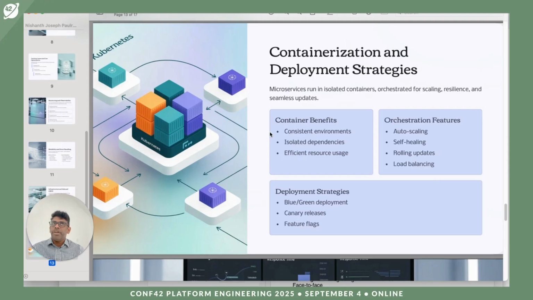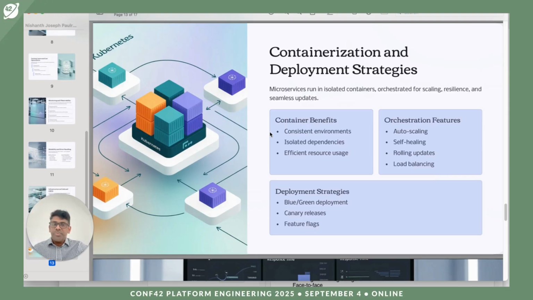Containerization and deployment strategies. So when we talk about the run environment of any code, we also need to talk about containerization. So microservices run in isolated containers, orchestrated for scaling, resilience, and seamless updates. So the benefits of containers: they provide a consistent environment, isolated dependencies, efficient resource usage.